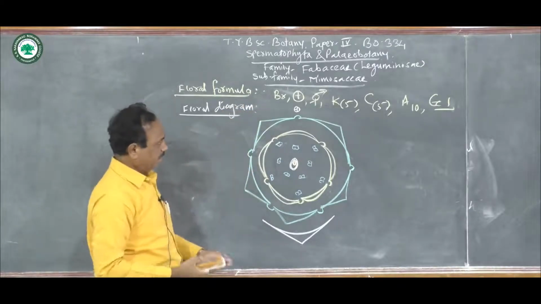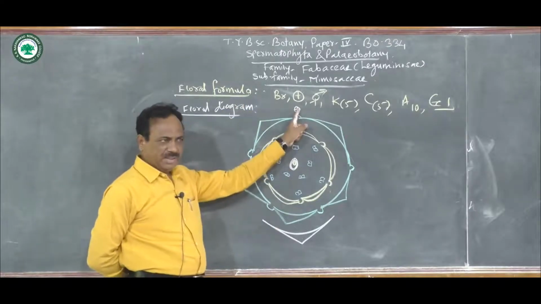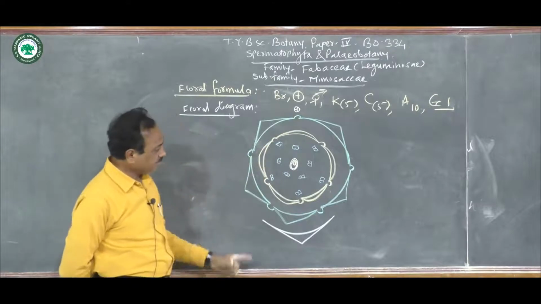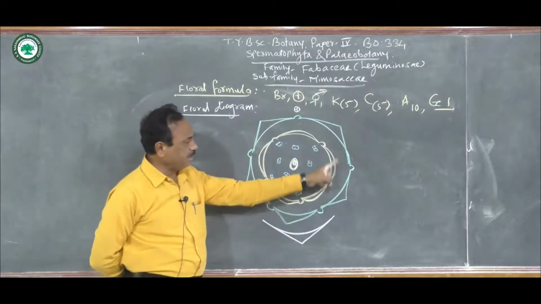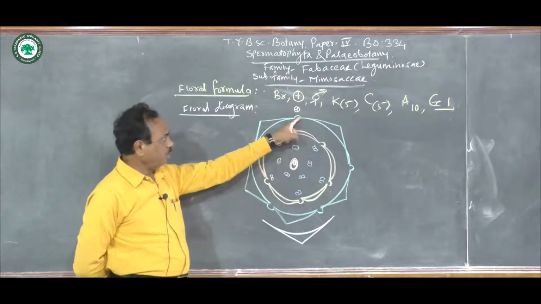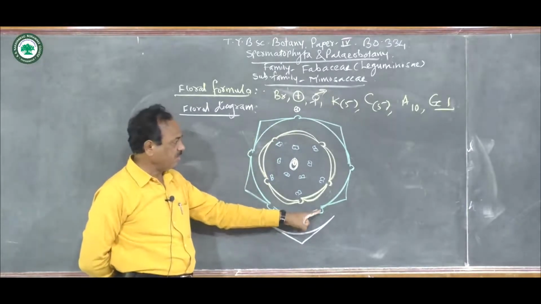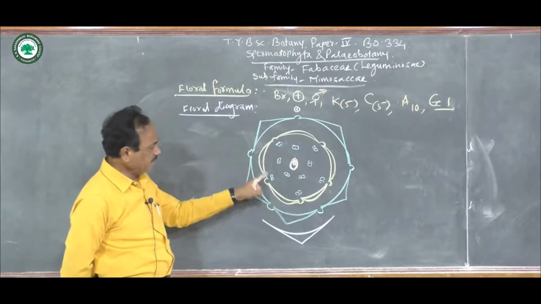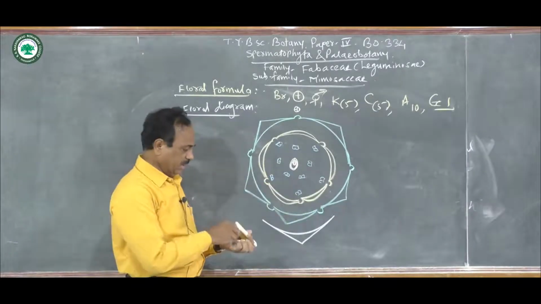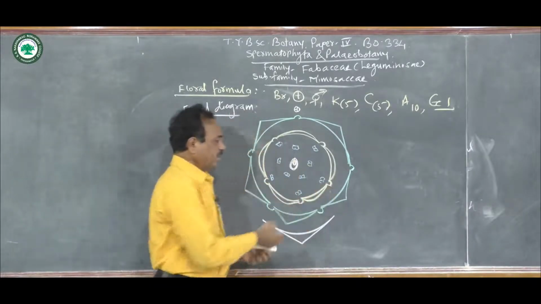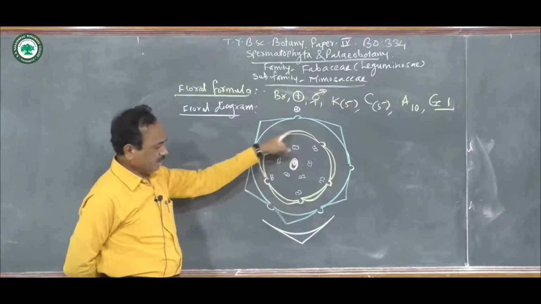So here the flower is bracteate, actinomorphic, showing the mother axis. Sepals are 5, uniform, present in the gamosepalous condition, so these sepals are united. These are the 5 petals, also showing the gamopetalous condition.